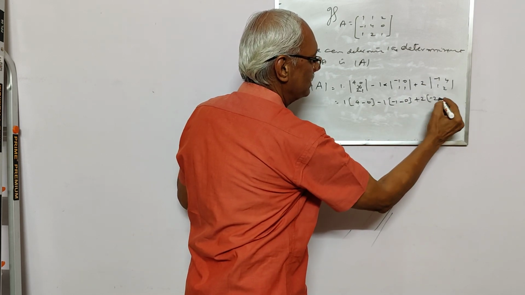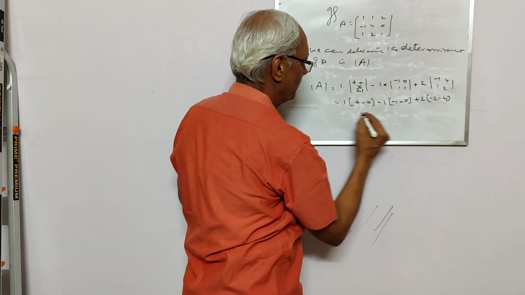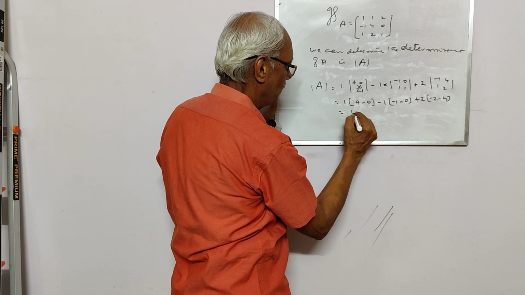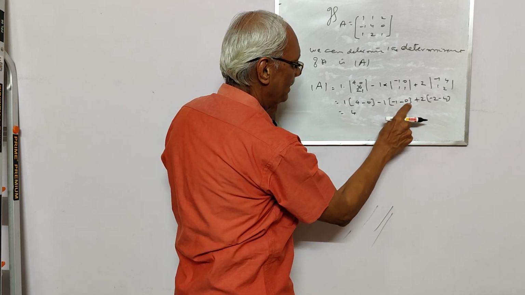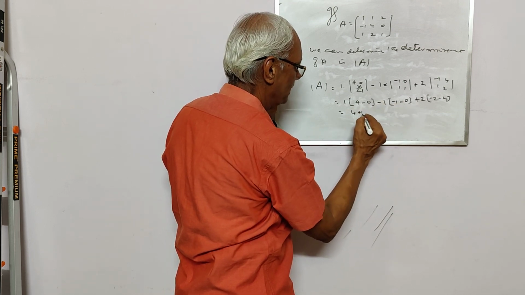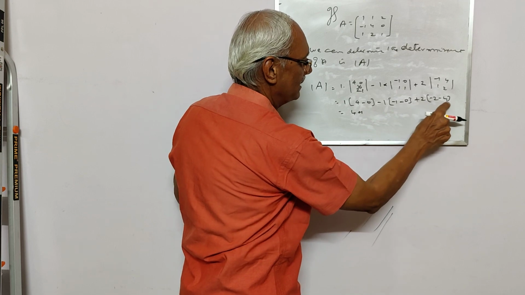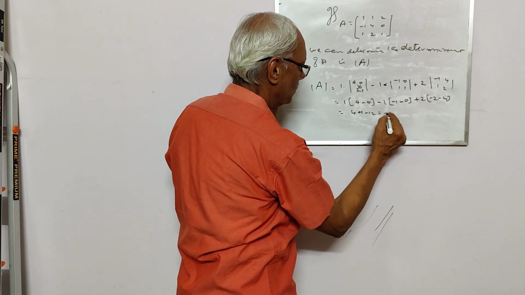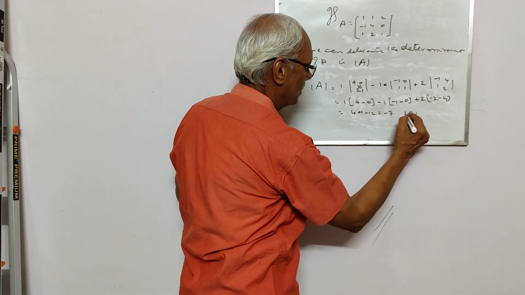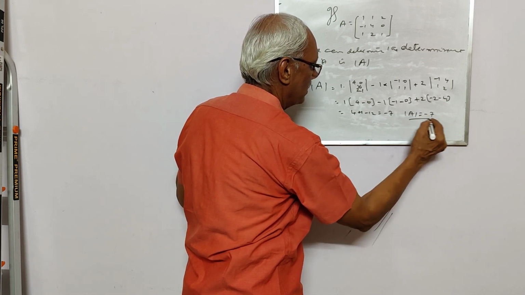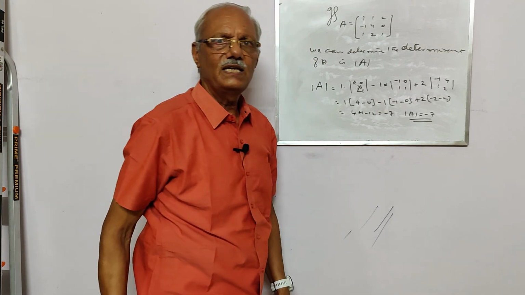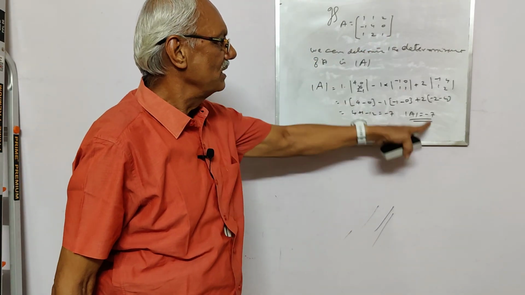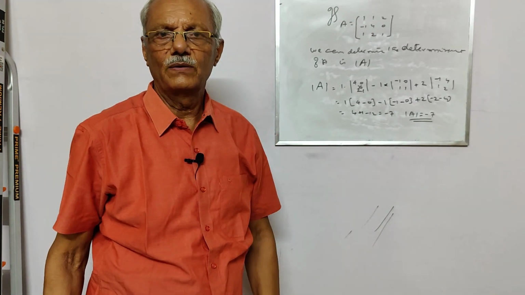It is minus 1 into 4 is 4. So this is 4 minus 0 is 4. This is minus 1 into minus 1 is plus 1. This is minus 6, so minus 12. So this is equal to minus 7. So what is the determinant value of this matrix A? It is equal to minus 7.